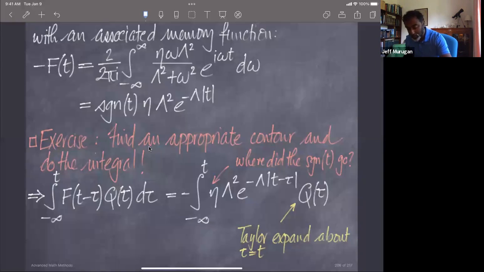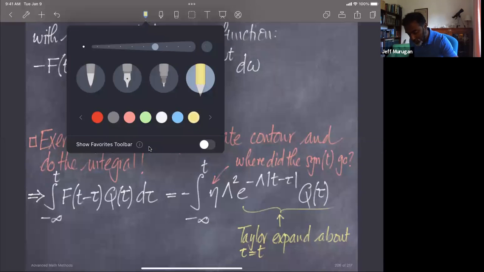By the way, sorry, this arrow is pointing in the wrong place. I want to Taylor expand the whole thing here. I want to Taylor expand this about tau equal to t.